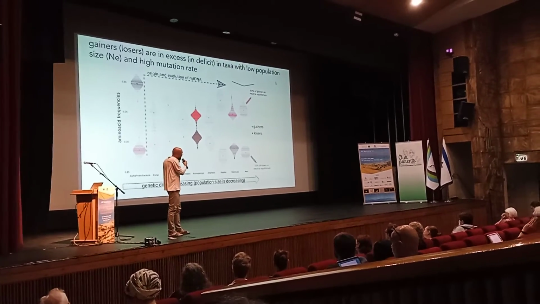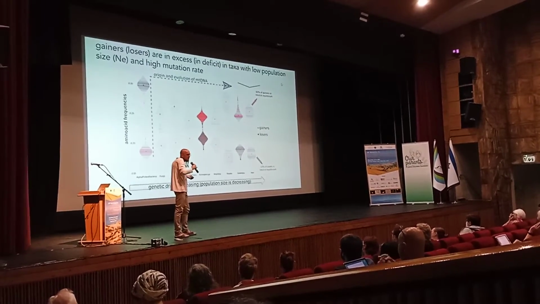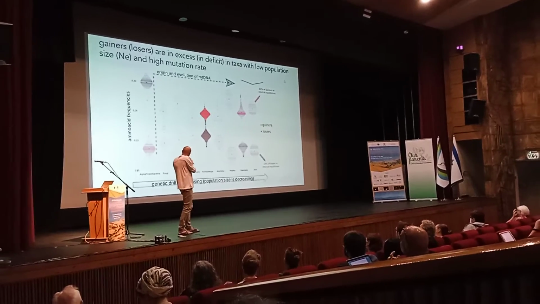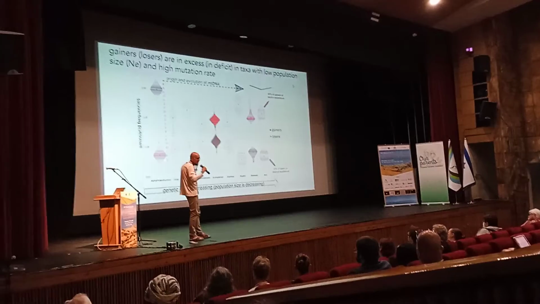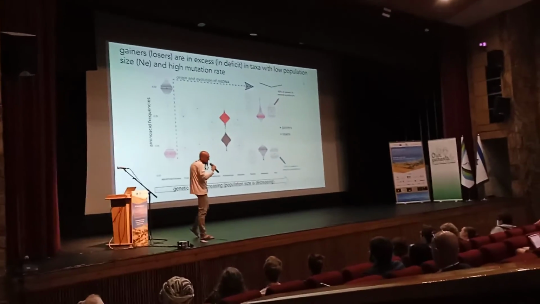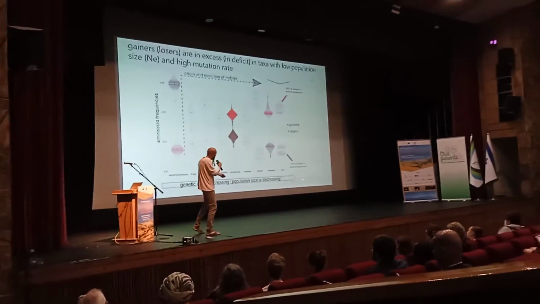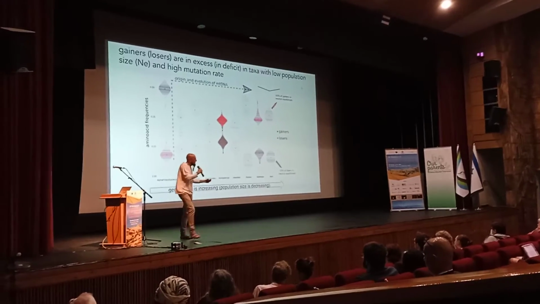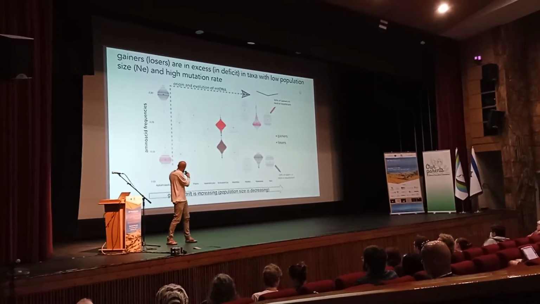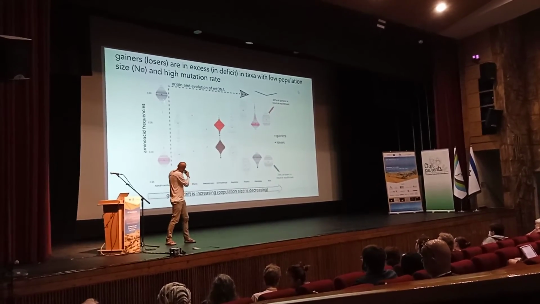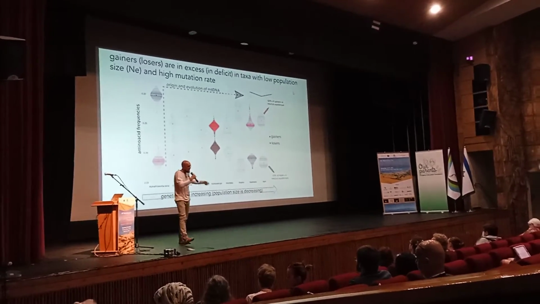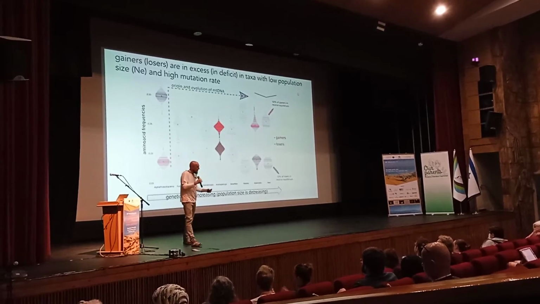So genetic drift is less powerful, and selection is more deterministic. And as we go left, plants, fungi, and bacteria have huge populations, very strong selection. Genetic drift is very weak. So when we go from left to right, the strength of selection is decreasing, and that's why we believe that the frequency of gainers is increasing, and the frequency of losers is decreasing, as we assume with our butterfly scheme.